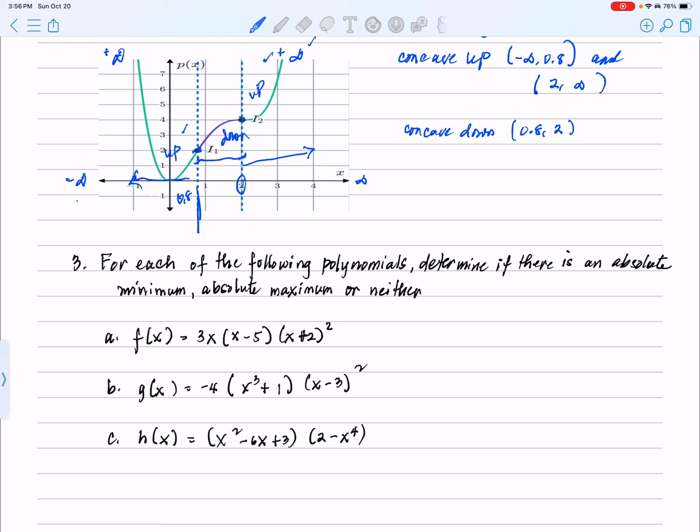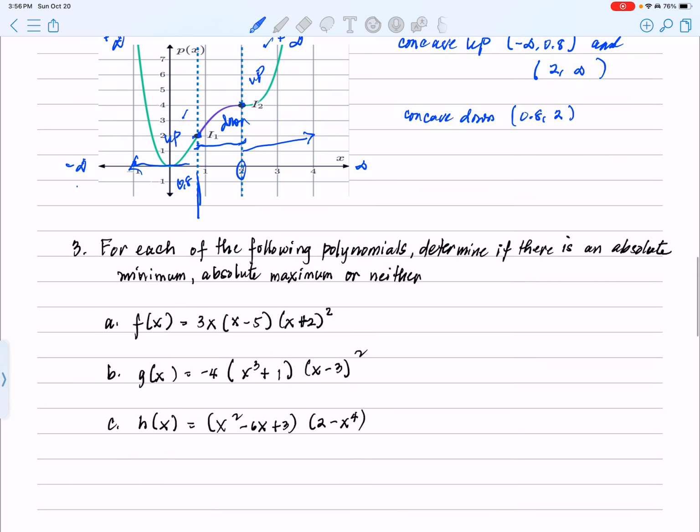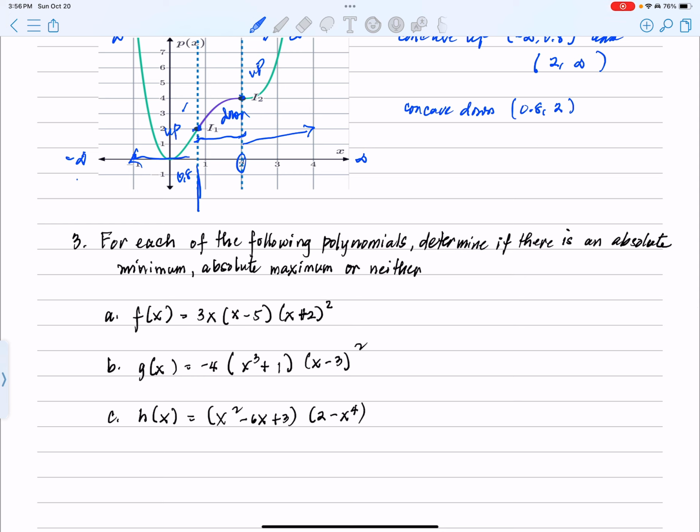Once you know the degree and the leading coefficient, then you will know whether you have an absolute minimum or maximum or none. So if we look at the given in A, it's a factored form of a polynomial.